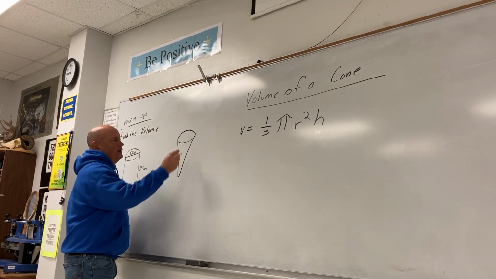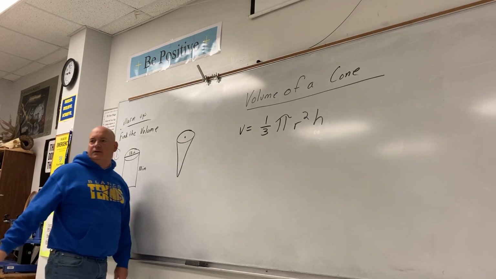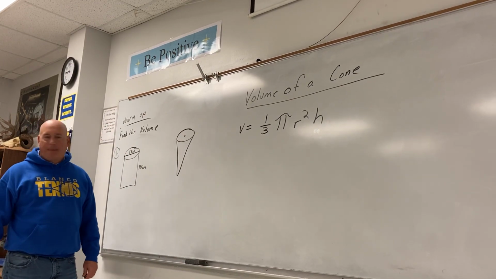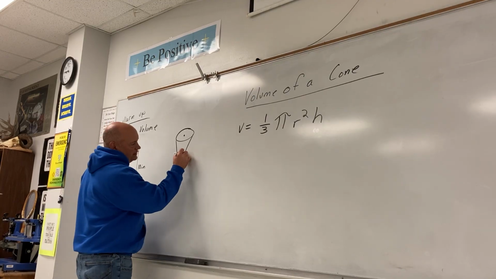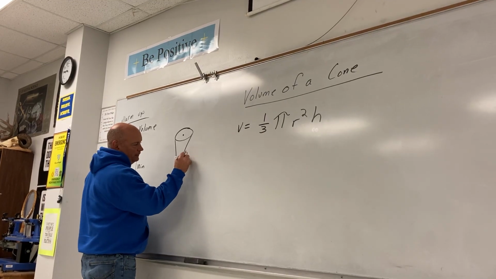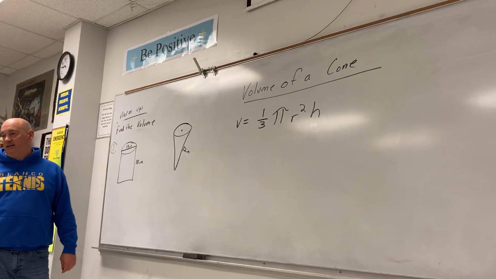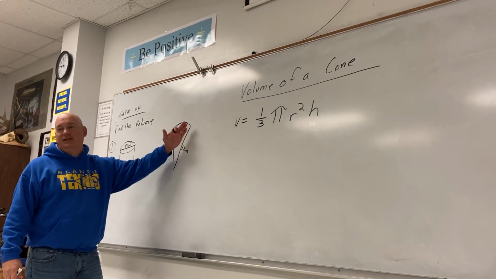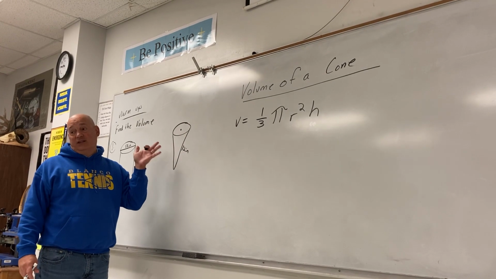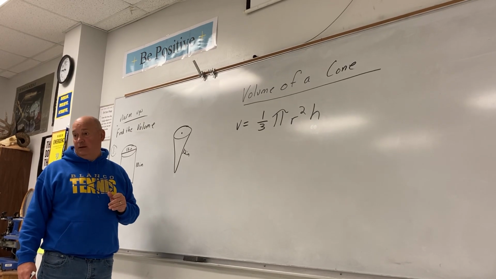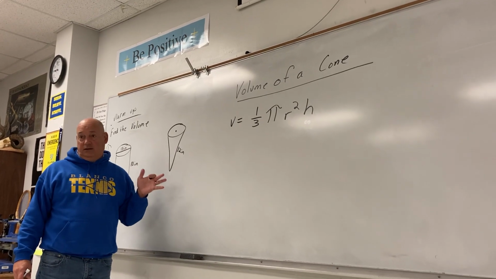Now, we do need to talk about the height. Are you with me? If I put 12 here, that is not the height. Do you notice how that is slanted? That's called the slant height. We'll use that later, okay?